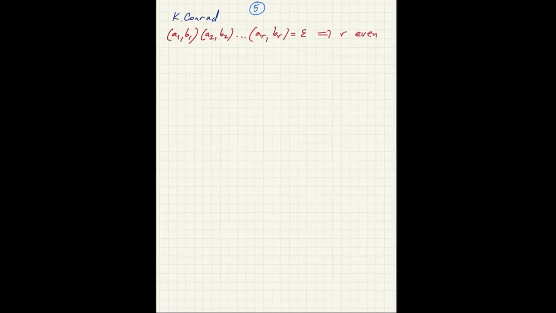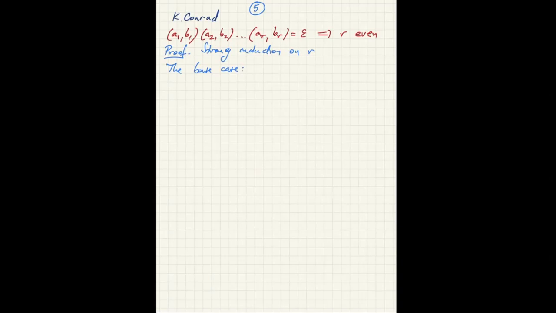Okay, and now for the proof, we're going to use strong induction on R. And now for the base case, well, what is it? Can it be R equals 1?